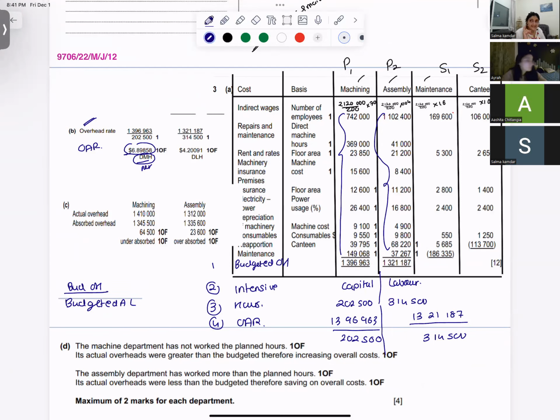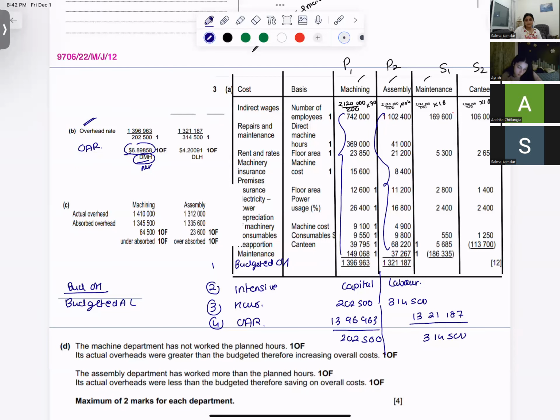Then you will see whether it is capital intensive or labor intensive. If it is capital intensive, then you will take what hours into consideration? Machine hours. If it is labor intensive, then you will take what hours into consideration? Labor hours. Then you will find the overhead absorption rate. How do you get the overhead absorption rate?